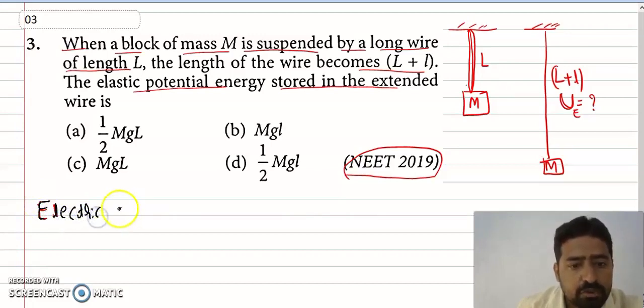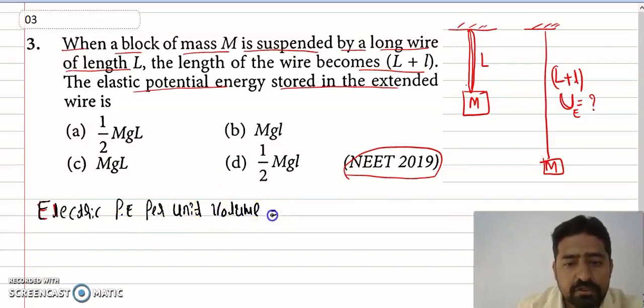So elastic potential energy per unit volume formula, that is equal to half into stress into strain.